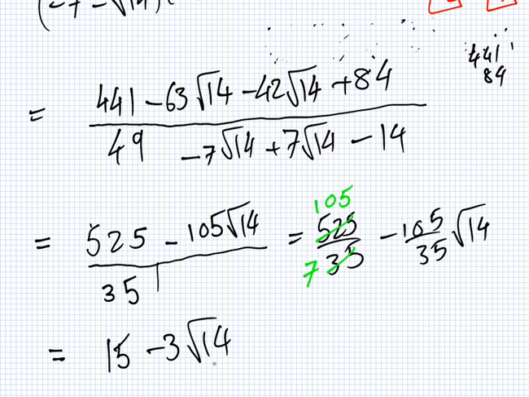504, divisible by 4. 126 by 4? No, I couldn't. 126, yeah. 4 is 2 by 2, so we're finished.